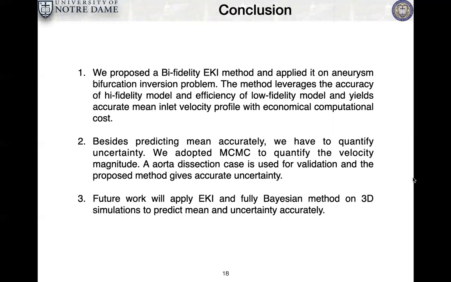So we later adopted the MCMC method to quantify the velocity magnitude of a very simple 2D aorta dissection case. This aorta dissection case is used for validation, as the proposed method gives an accurate prediction of the uncertainty of theta, which is the velocity magnitude at the inlet.